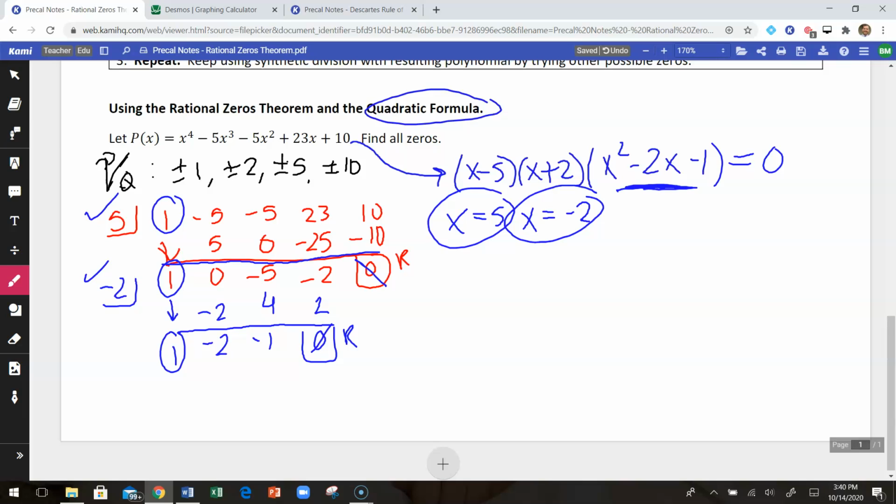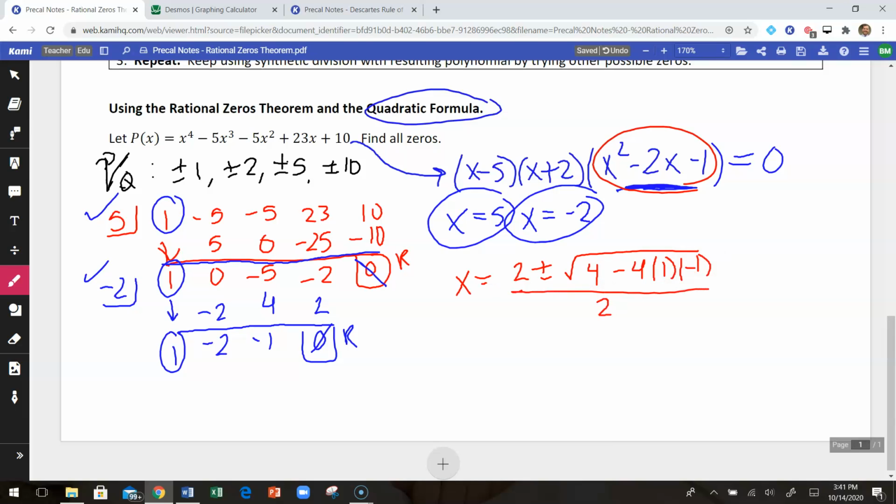So with what's left, we're going to do the quadratic formula, and that's going to be that x is going to equal -b plus or minus the square root of b squared, which would be 4, minus 4 times a times c, all over 2a, which would be 2.